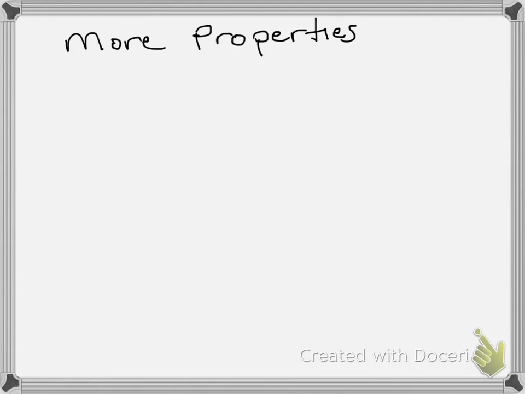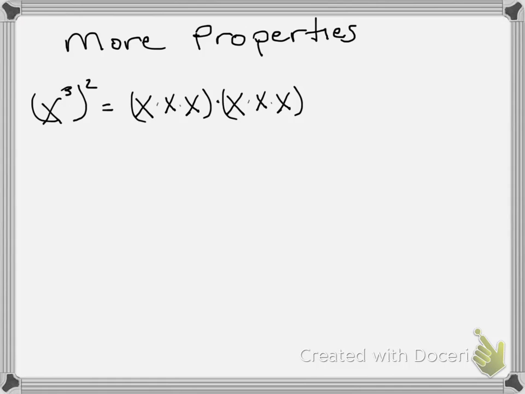Okay, let's start to go over some more properties. This is basically what the first couple of sections of the text go over, and I'm just going to state them. You can go over examples. They're fairly straightforward, though. So if we've got an example like x cubed inside parentheses, all raised to the second power, or x cubed squared, basically, what that is is x cubed times x cubed.